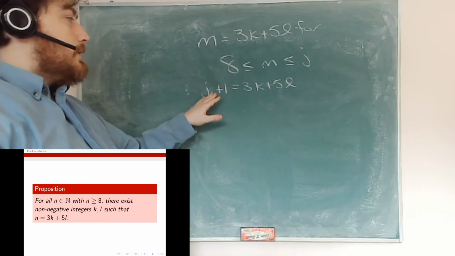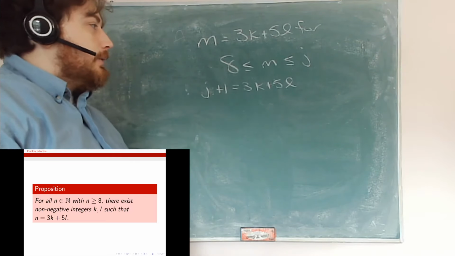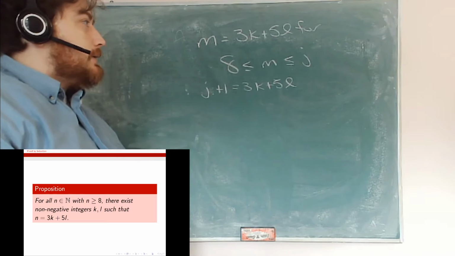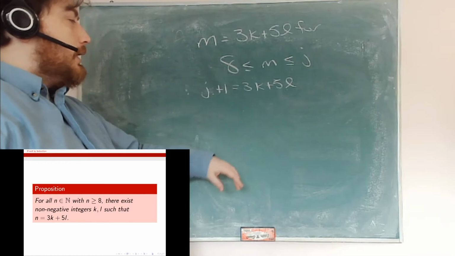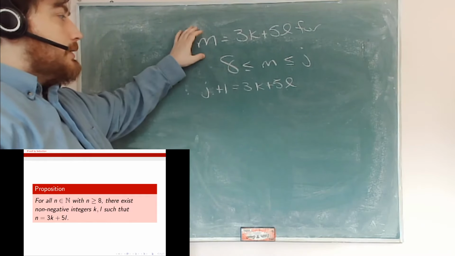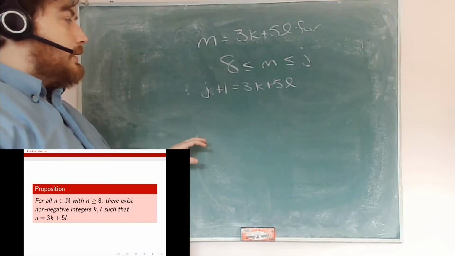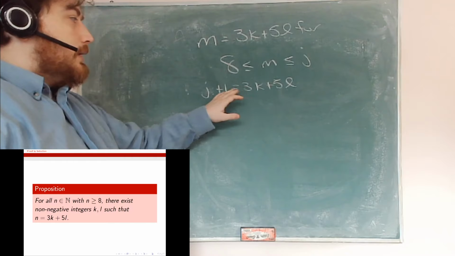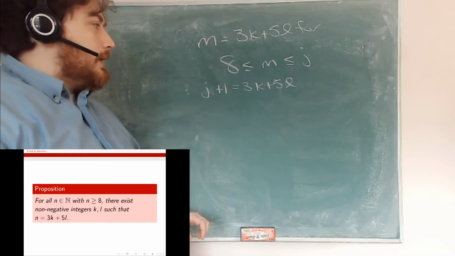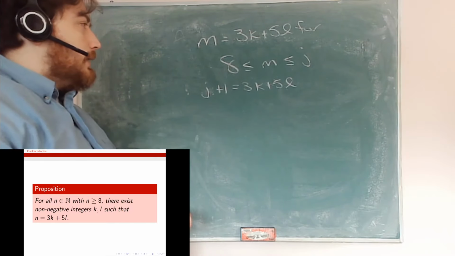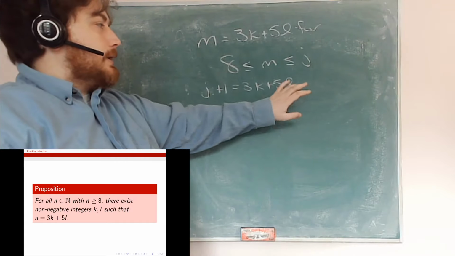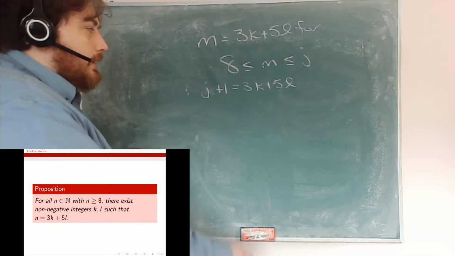Now, how would I show that j plus 1 is equal to 3k plus 5l for some integers k and l? I'm going to have to work with this somehow. What we notice is that if this is 3k plus 5l, this is some integer and this is some integer here.